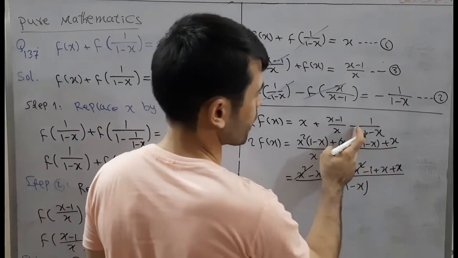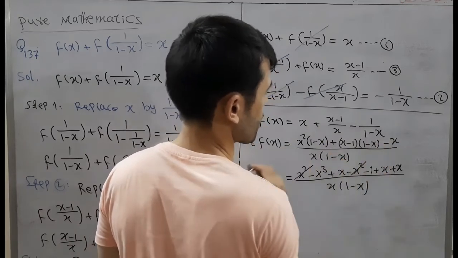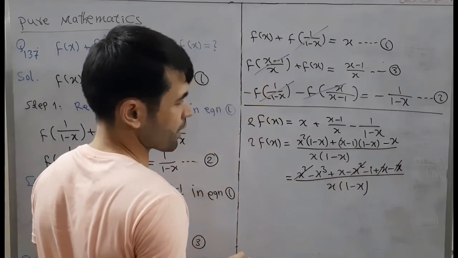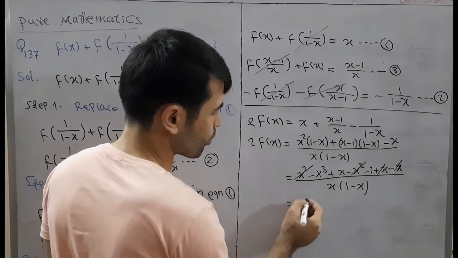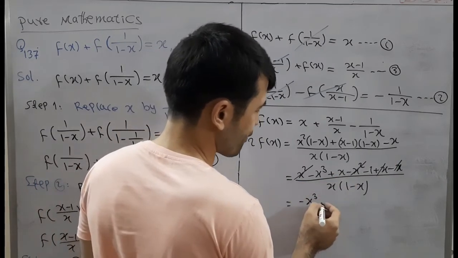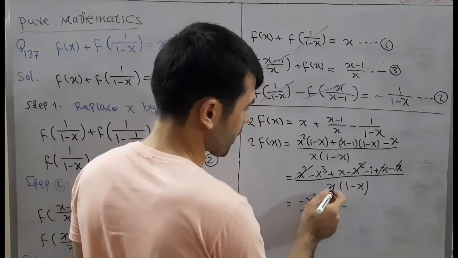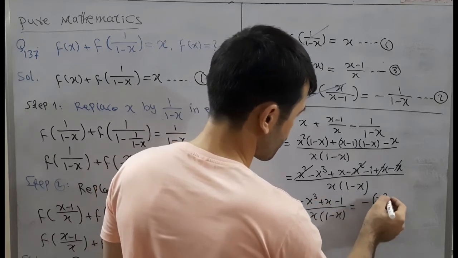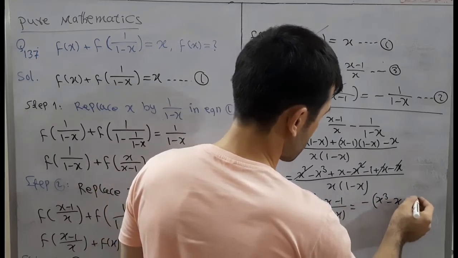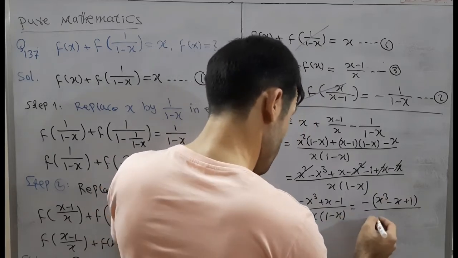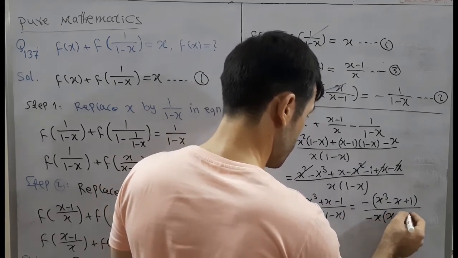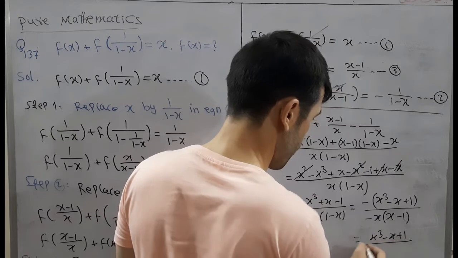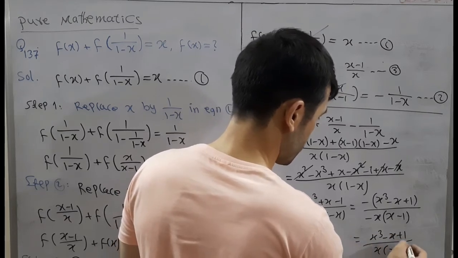Here this sign is minus. Also minus x plus x cancels, then we get minus x cube plus x minus 1 over x into 1 minus x. It is equal to minus x cube minus x plus 1 over minus x into x minus 1. It is equal to x cube minus x plus 1 over x into x minus 1.